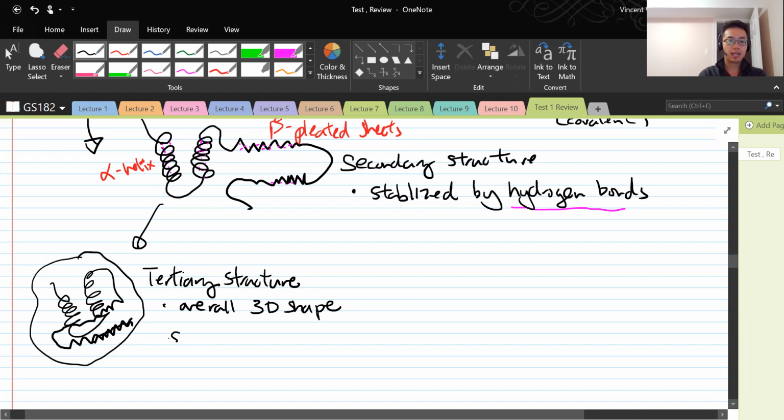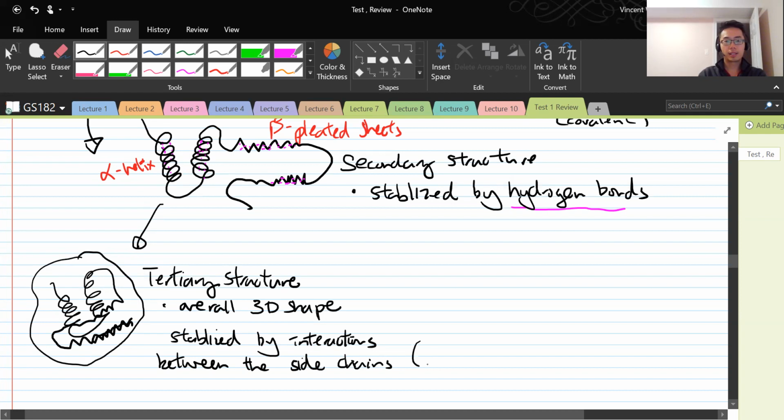It's stabilized by interactions between the side chains that I talked about earlier. It could be hydrogen bonds, could be ionic bonds, and a bunch of other possible interactions.